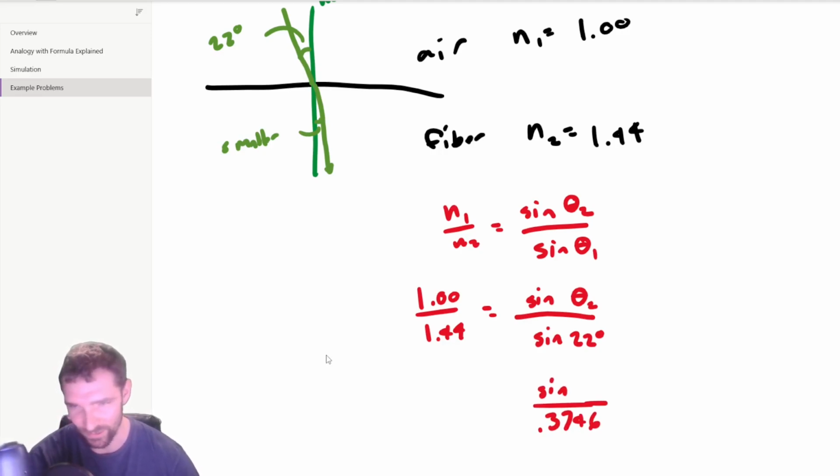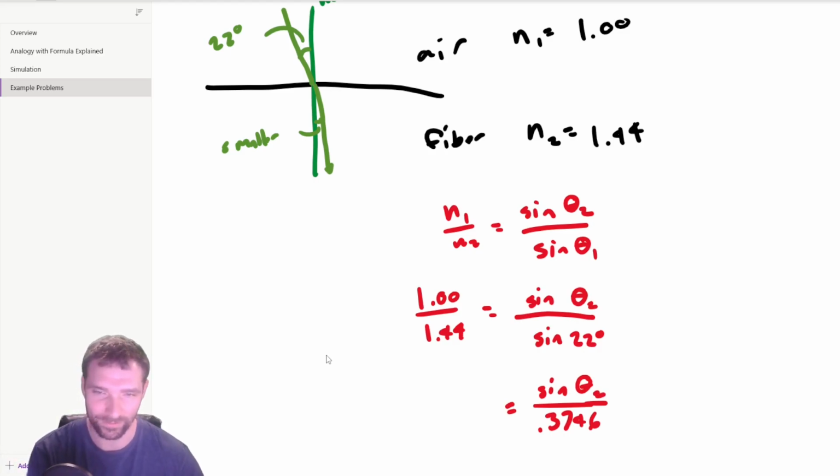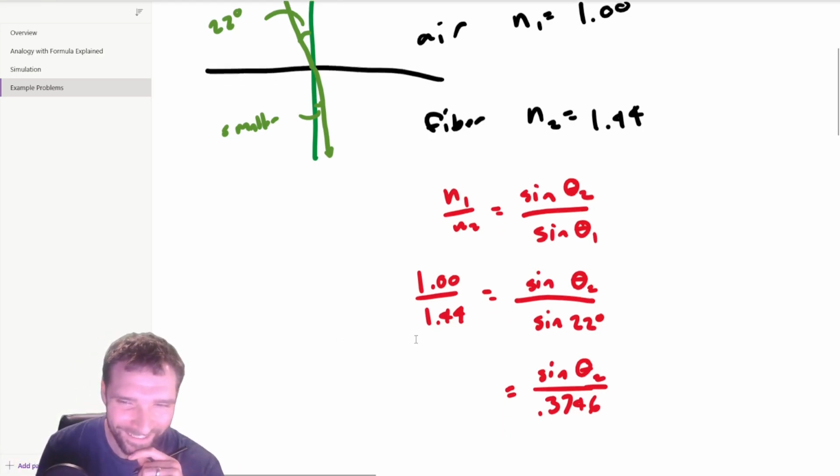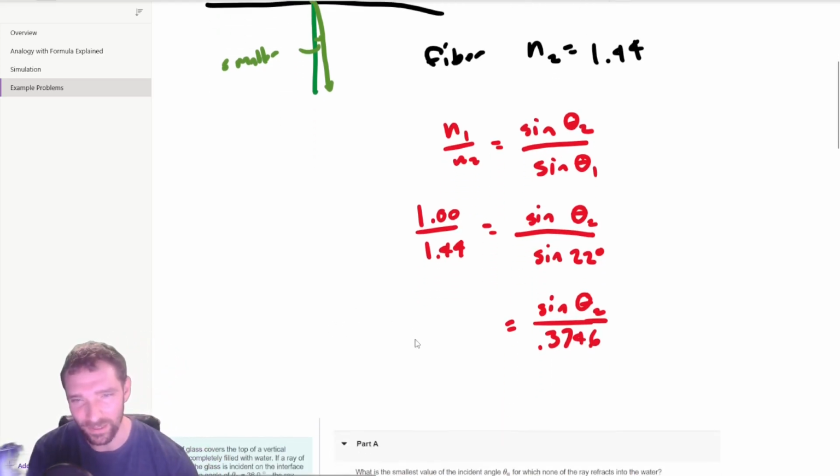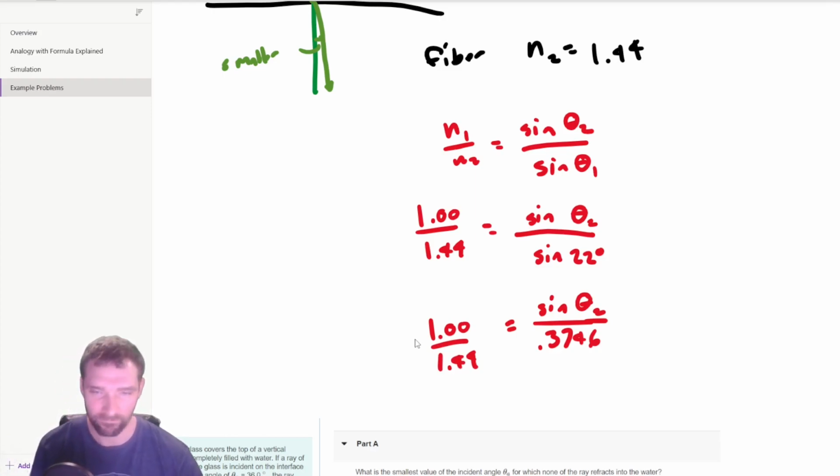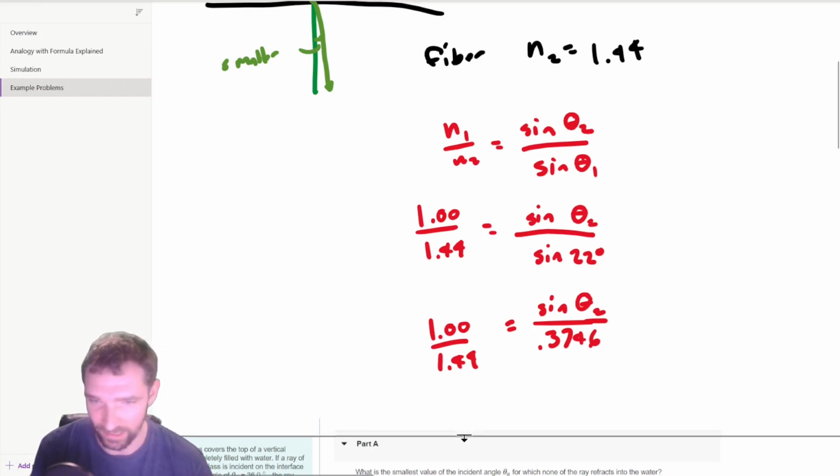Just put an extra sig fig and it should be okay. Physics sig figs are a little bit more loose than what you may be used to. So we've got that 1.0 and 1.44. So I know whatever I'm going to get here, this sine value should be less than 0.3746. Conceptually, I should be able to check that as well.